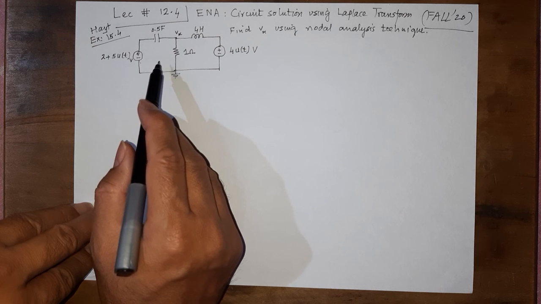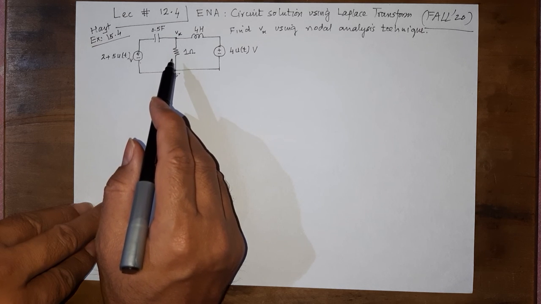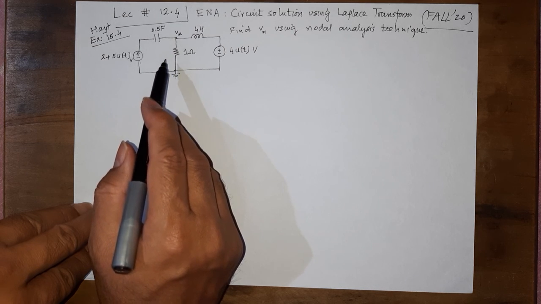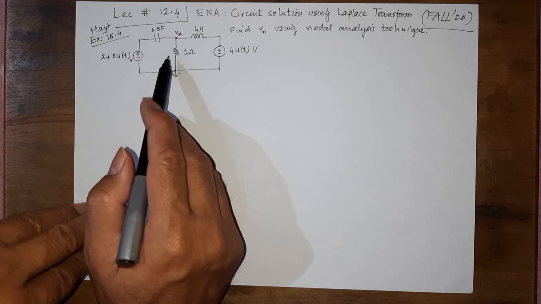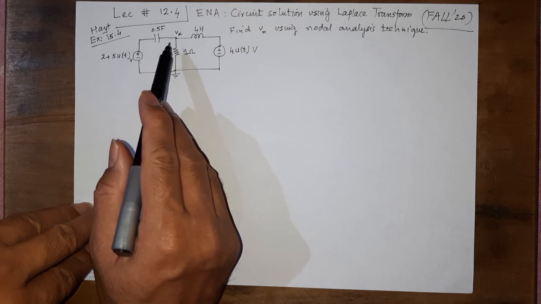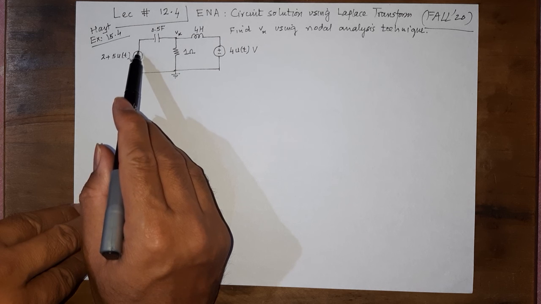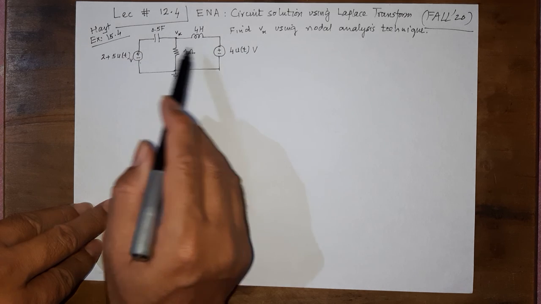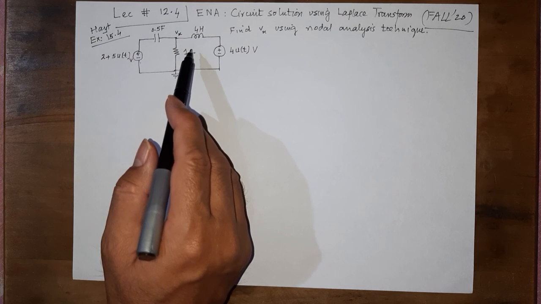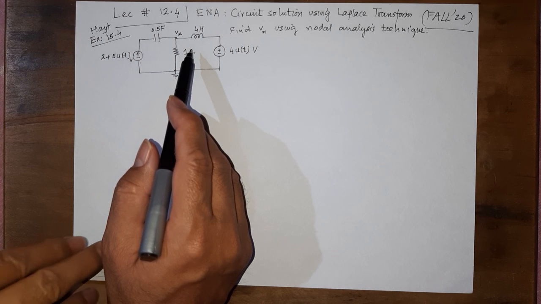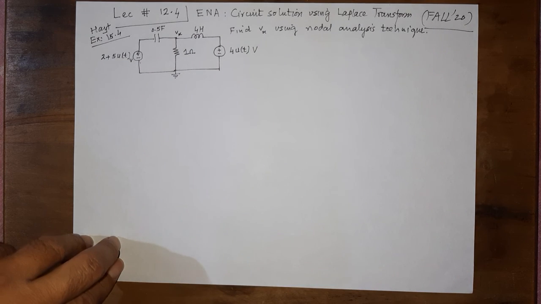It would be a good exercise if you can do this using those concepts. However, please note that if you want to try that, these two sources should be taken separately and then using superposition basically to solve for the requirement.